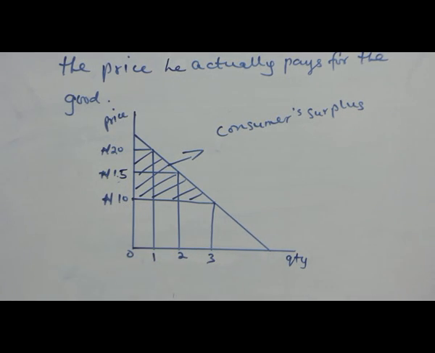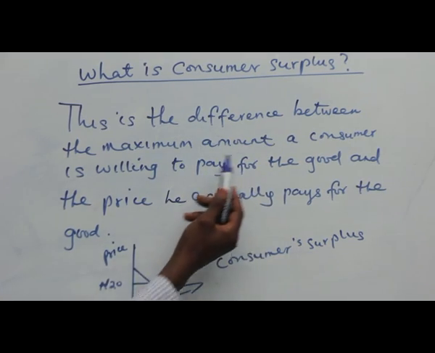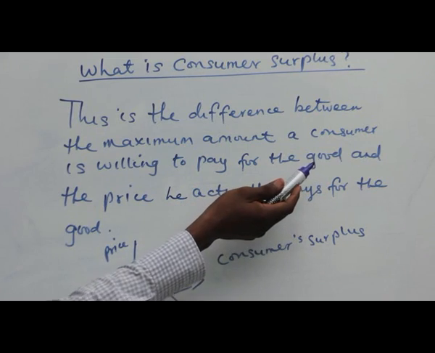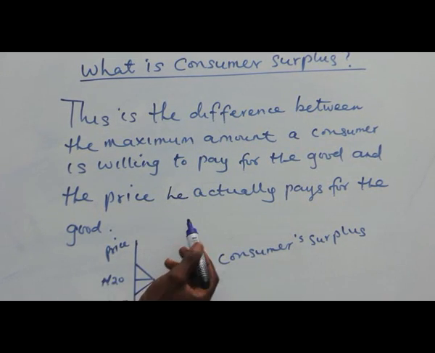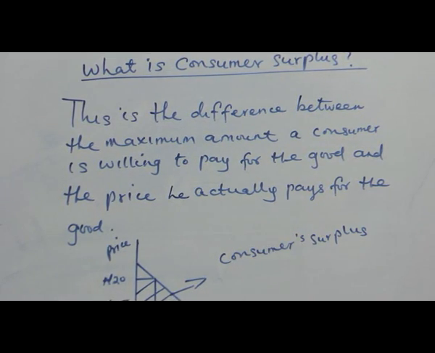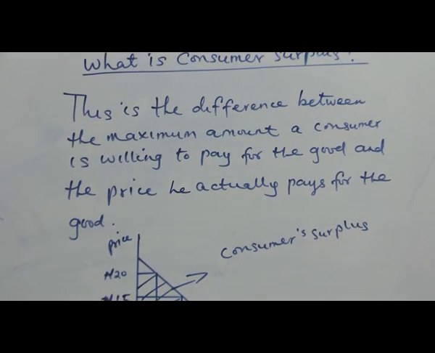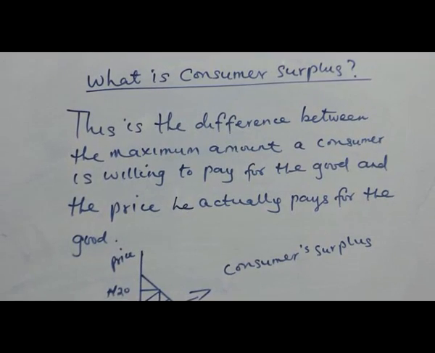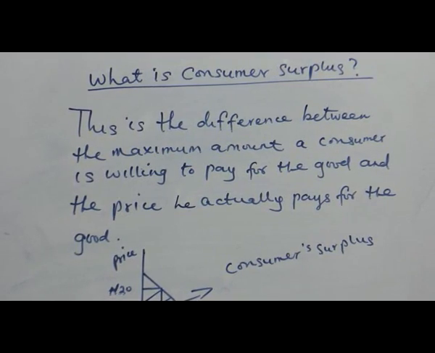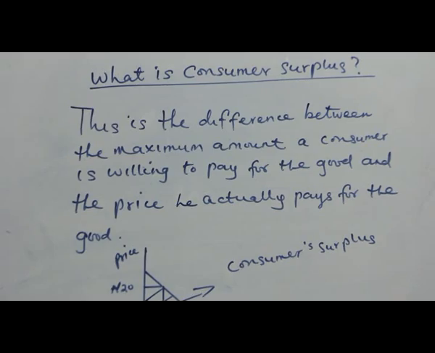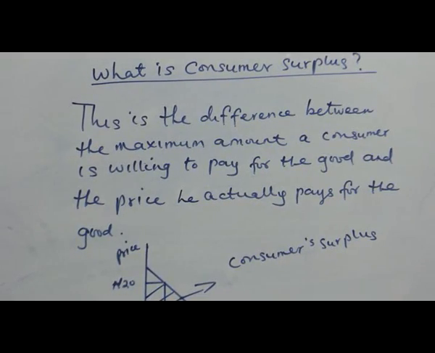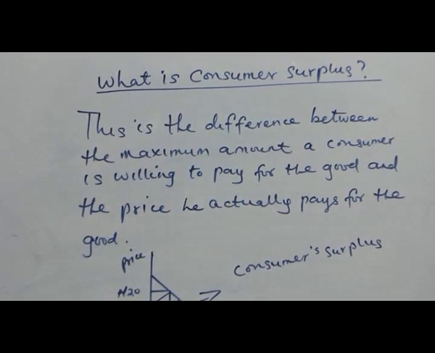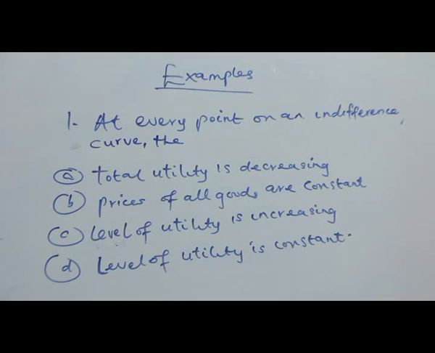So when we are talking about consumer surplus, we are looking at the amount he has desired to pay for the commodity, likewise the actual amount he pays. So it's like when you assume that the price of this commodity in the market is going to be 15 naira, and you get to the market, the seller asks you to pay 14 naira. The next thing that will come out of your mouth is thank you. So that thank you refers to consumer surplus.